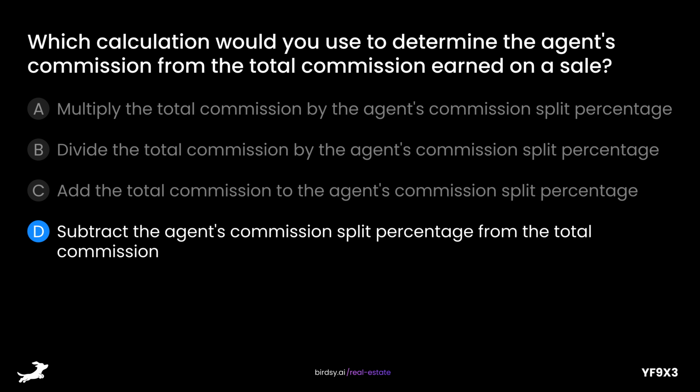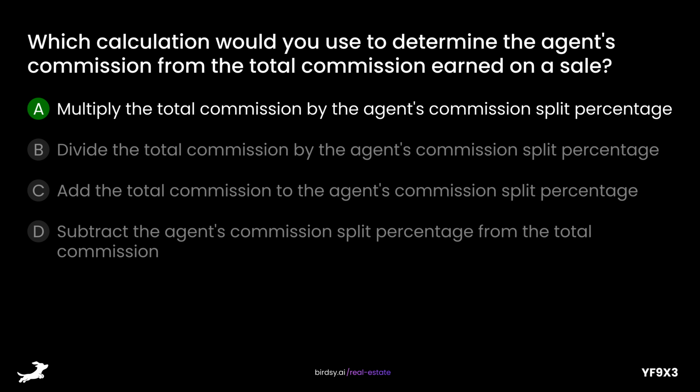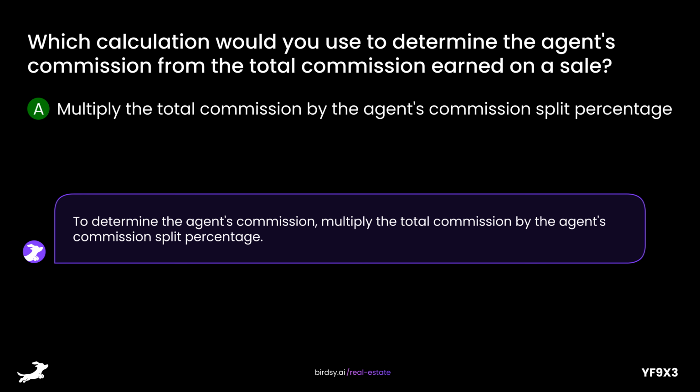Or D, subtract the agent's commission split percentage from the total commission? The answer is A, multiply the total commission by the agent's commission split percentage. To determine the agent's commission, multiply the total commission by the agent's commission split percentage.